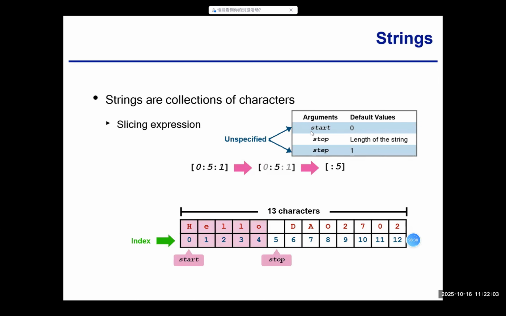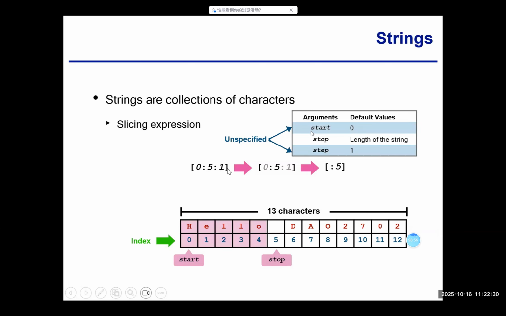For example, for the same exercise where we take the substring of hello, which starts from 0 and ends at 5, and step size is 1, pay attention that the starting point is 0, which is default. Step size is 1, which is default. Because both are default, we can ignore them. We do not have to write them down explicitly.